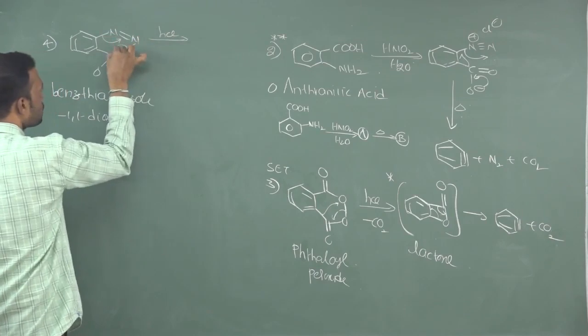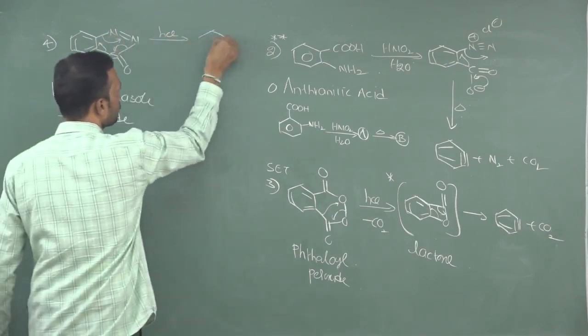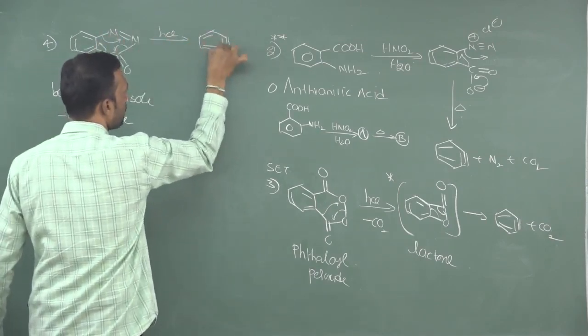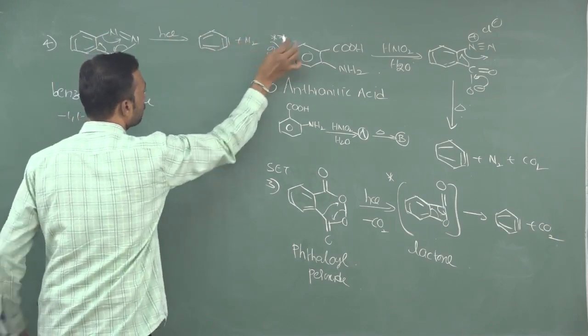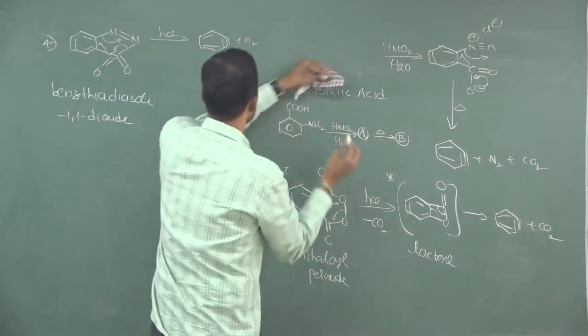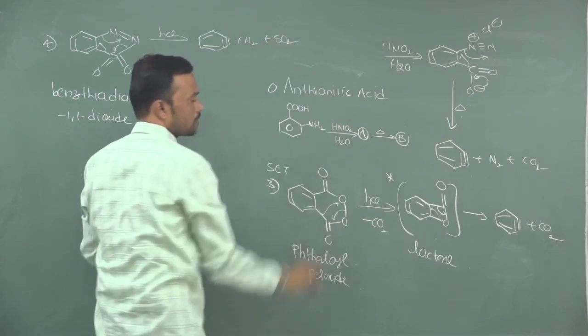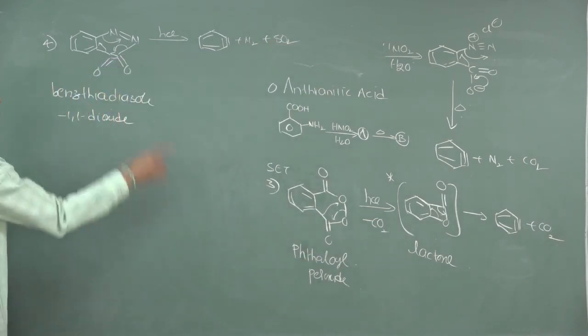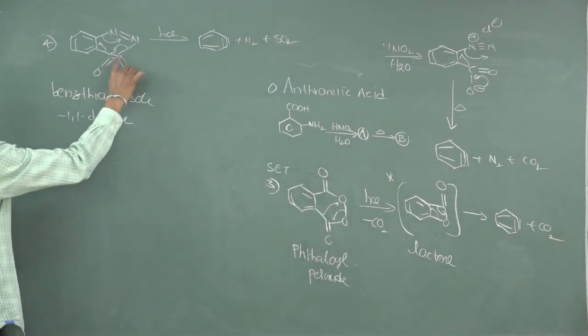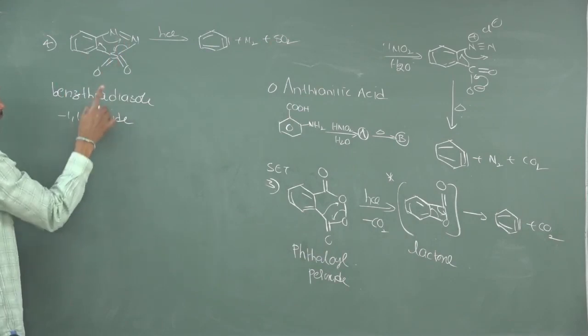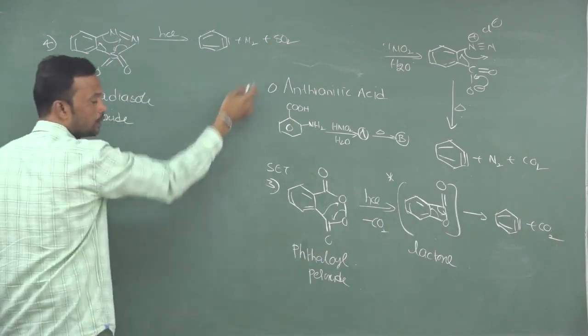You may expect migration of this and this will be transferred. So loss of N2 takes place and there is a loss of SO2. That is the answer. What is the name of this molecule? Benzothiazole 1,1-dioxide, which on photolysis gives benzene and N2.